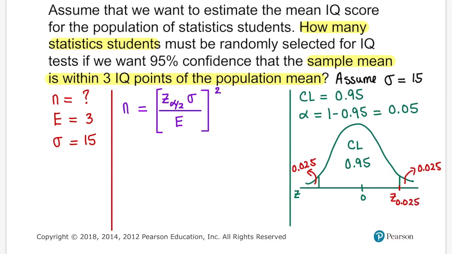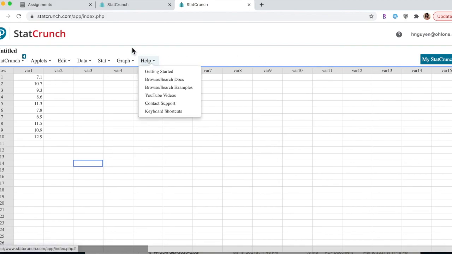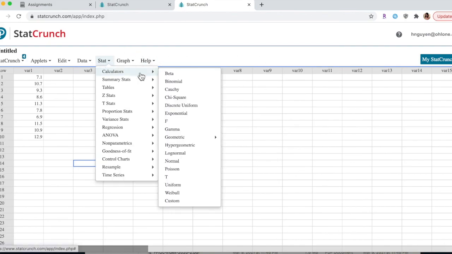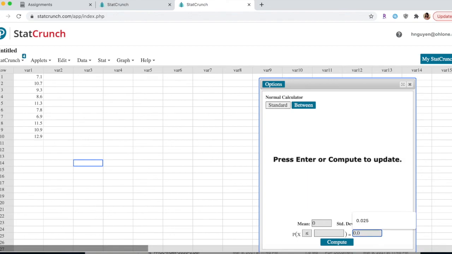I am going to use StatCrunch for this. To find the z-score, I need to use the normal calculator. Stat, Calculators, Normal. My mean is 0, my standard deviation is 1. The area to the right is 0.025, and because this is the area to the right, I choose greater than.